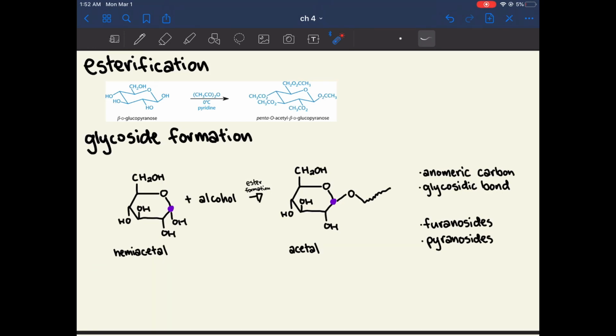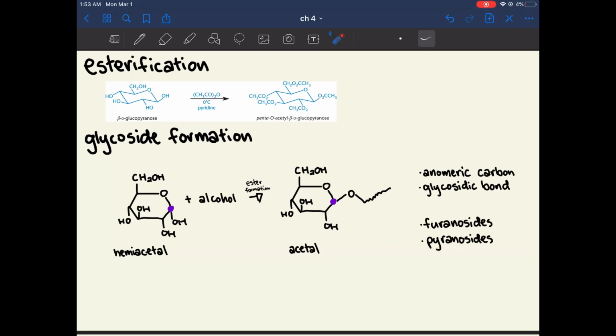So that's why this is called a glycosidic bond, and once this bond forms, this is now known as a glycoside. So this bond most generally happens at the anomeric carbon, and if this happens to a furanose, this is now known as a furanoside, and if it happens to a pyranose, it's now known as a pyranoside.